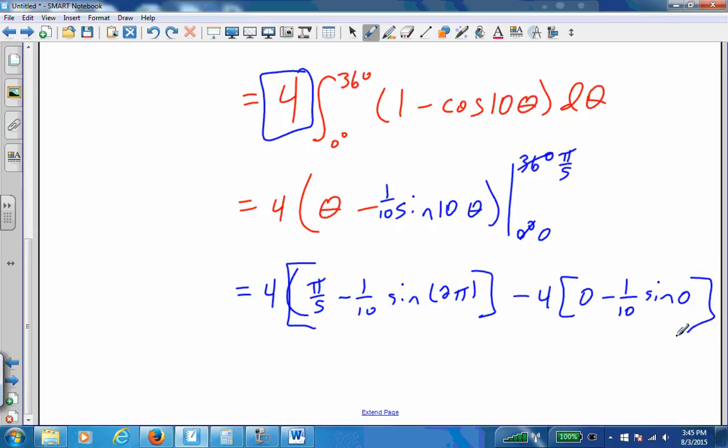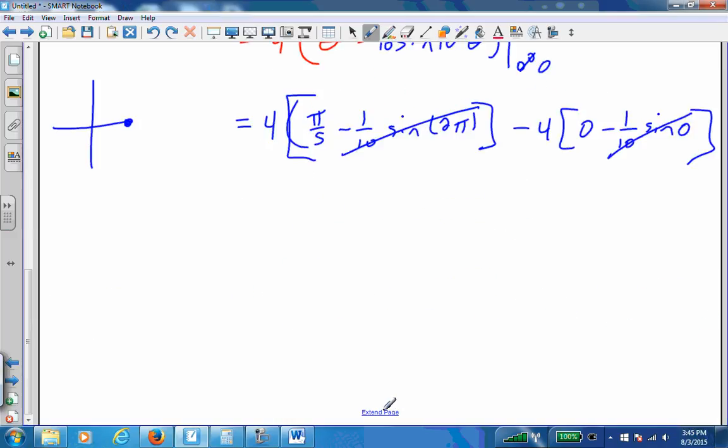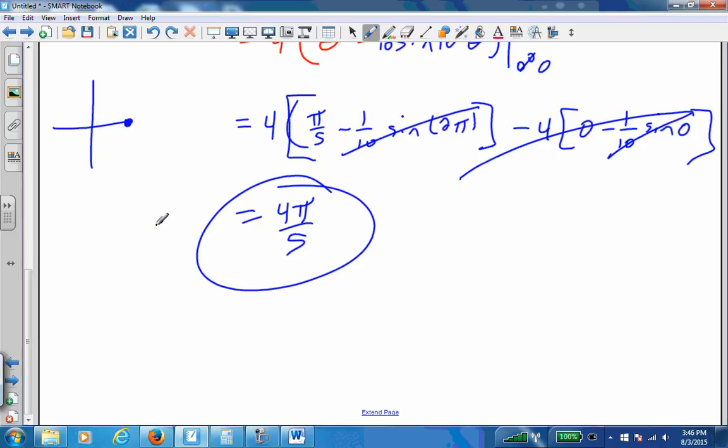How much is sine at 2 pi? 2 pi is here, so what is the sine there? 0. Sine of 0 is 0, so we're left with 4 times pi over 5, so 4 pi over 5. We have a 0 here and a 0 here, so that whole second thing is 0. So that's our area of one petal.